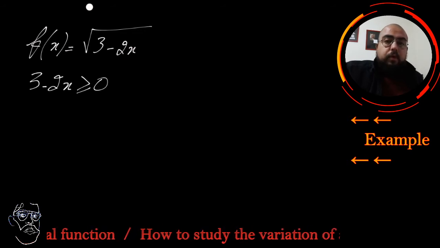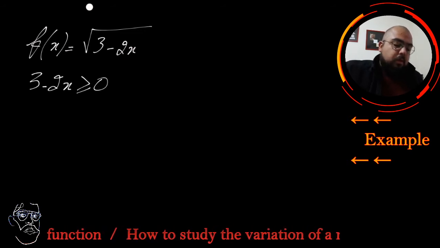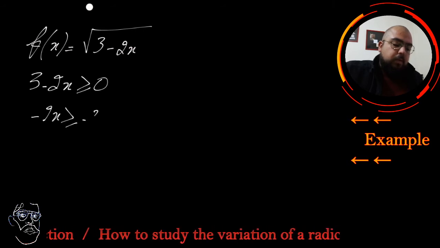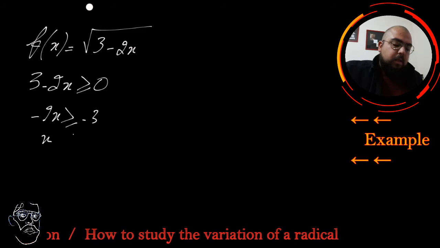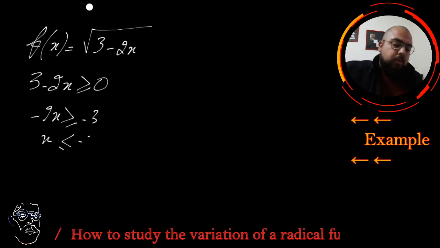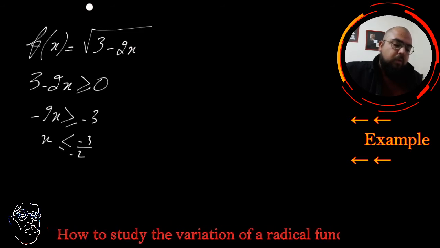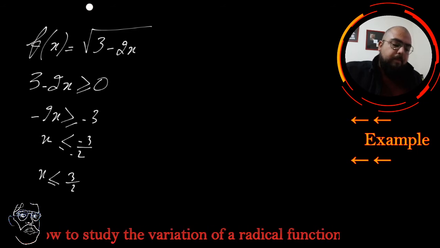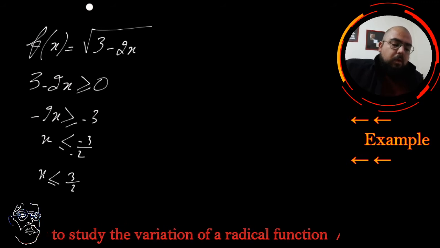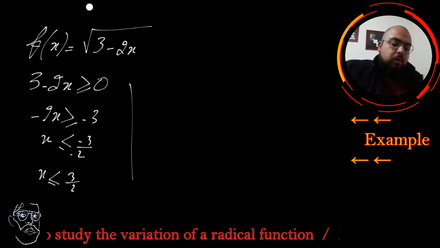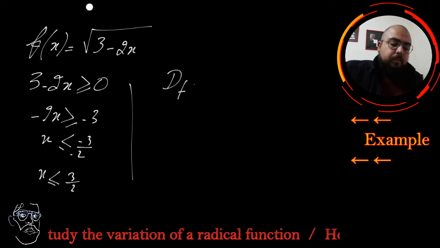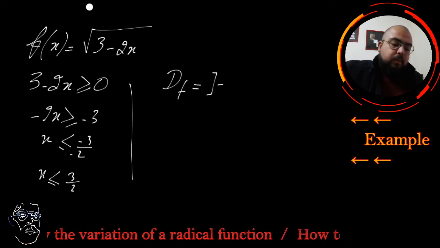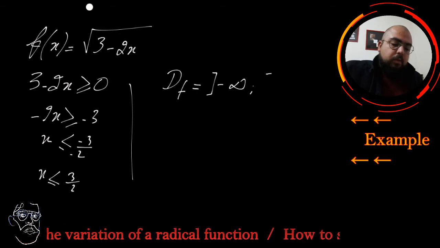This is how your function will be defined. So minus 2x is greater or equal to minus 3. X is smaller or equal to minus 3 over minus 2. So x smaller than 3 over 2. So the domain of definition, d of f, is from minus infinity to 3 over 2.